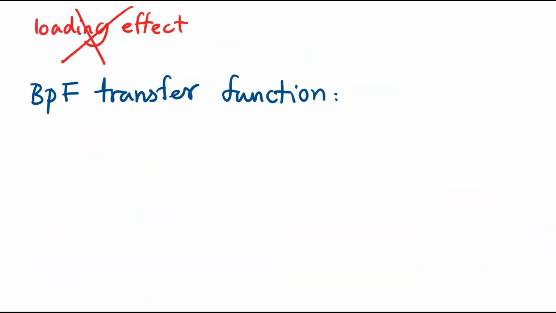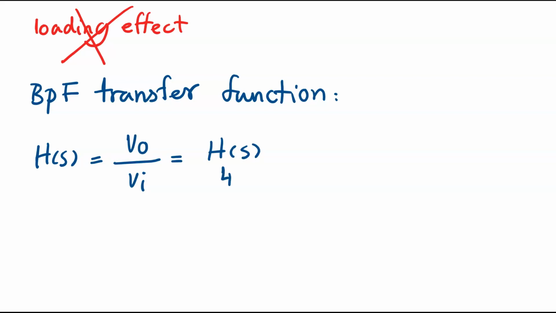My transfer function, which describes the output voltage to the input voltage, is equal to the transfer function of my low pass filter multiplied by the transfer function of my high pass filter multiplied by the transfer function of my inverting amplifier.